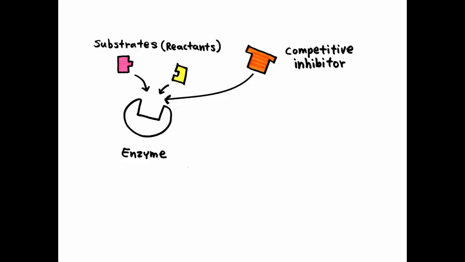In this illustration, competitive inhibitors compete physically for attachment to the active site. So in the presence of substrates, there's an equal probability of an inhibitor attaching to the active site or the substrates. If the substrates and competitive inhibitors are at equal concentration, then there's going to be an equal probability of either entering the active site of any enzyme.